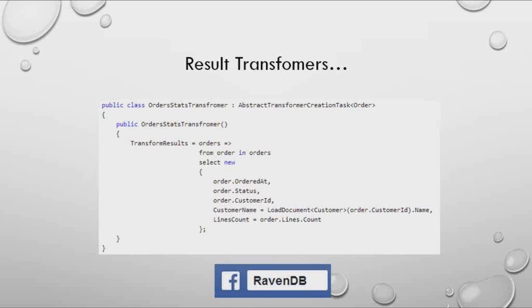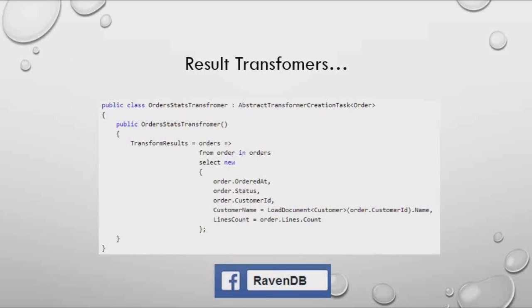It also meant that you couldn't mix and match. You couldn't say, oh, I have this result transformer that I want to apply to 3 different indexes. Or maybe I want to apply it on a load. So with 2.5, we made result transformers into a distinct entity, something that exists outside the boundaries of the index.